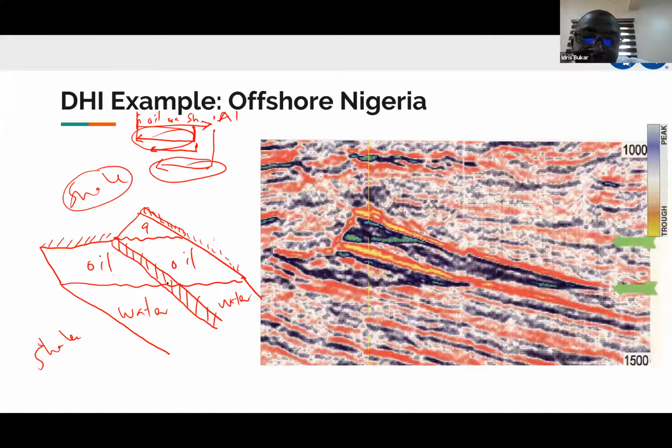So the fluid has had time over this very long period to equilibrate between the two units, okay?